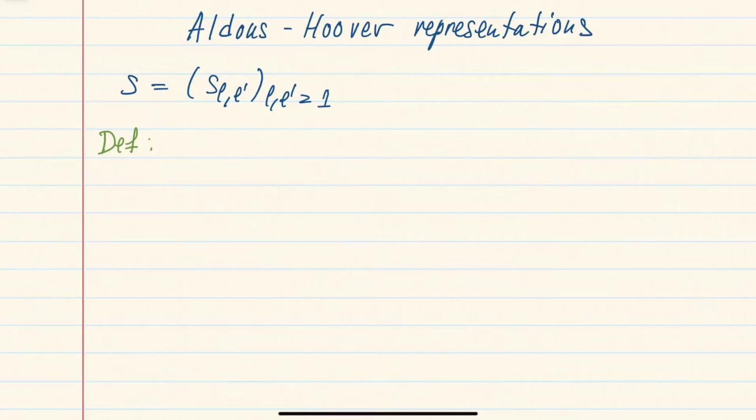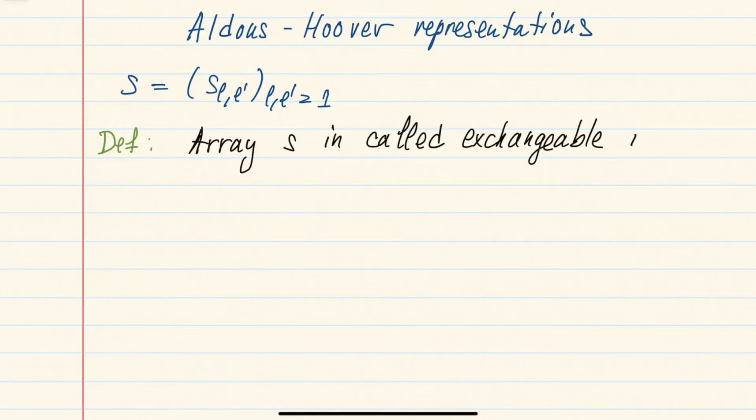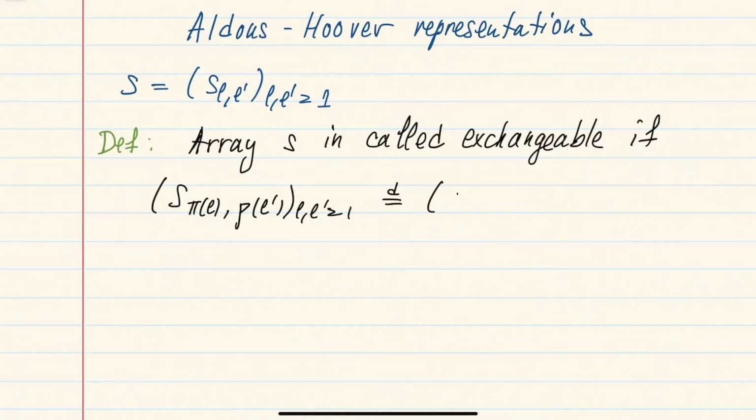Namely, we say that this array is exchangeable if the following holds. Namely, if we permute the indices of this array by some one-to-one functions pi and rho, then we get the array with the same distribution, for any one-to-one functions pi and rho.